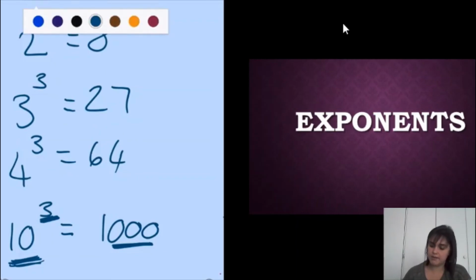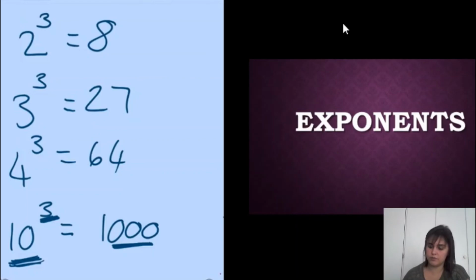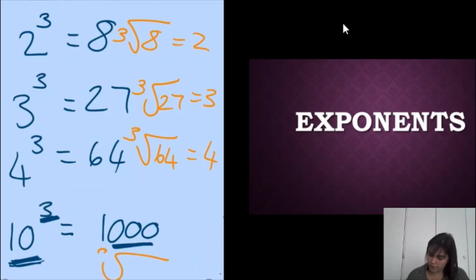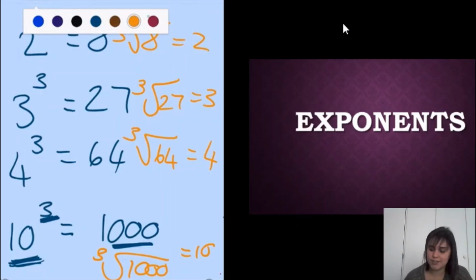Once again, you go and do the inverse, and you'll say the cube root of 8 is 2. The cube root of 27 is 3. The cube root of 64 is 4. The cube root of 1,000 is 10. I want to show you guys something.